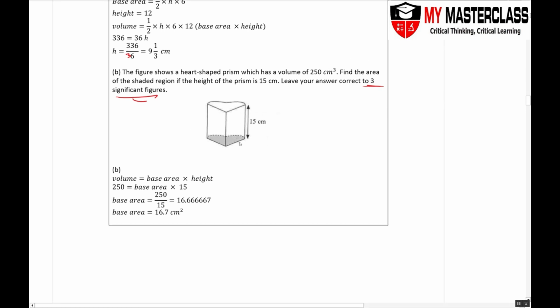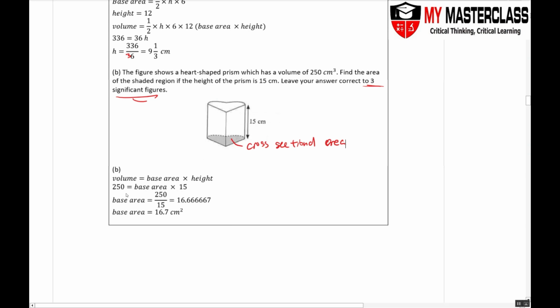Okay, so this shaded region, essentially, this is your cross-sectional area. Okay, the area that is uniform throughout the solid. Okay, I know my height is 15. So volume is your cross-sectional area times height, right? So this volume of 250, it is my base area of the heart itself, the heart shape, times 15.